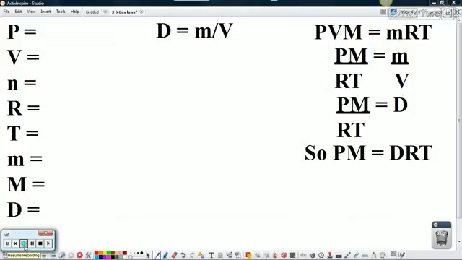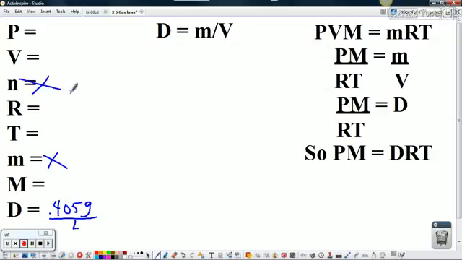All right, what's 119? An unknown gas has a density of 0.405 grams per liter. Now that has to be in liters. If it's grams per milliliter, I have to change it to liters. I have a capital M in that formula, but I don't have a little m, and I don't have an n.